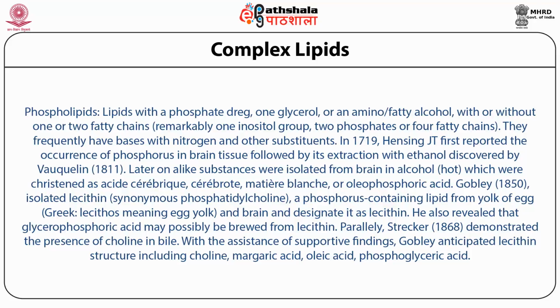A glycerol moiety is also present, and an amino or a fatty alcohol with or without one or two fatty chains. Sometimes one inositol group, two phosphate groups, or four fatty chains are present. The phospholipids frequently have bases with nitrogen and other substituents.